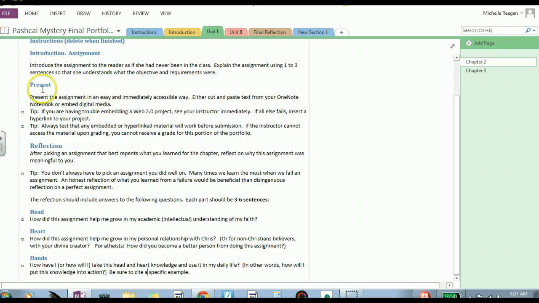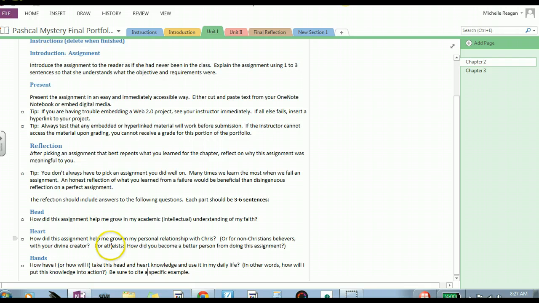So you introduce your assignment, present it, then you reflect upon it. After picking your assignment, you reflect on why it was so meaningful to you. Your reflection should answer each of these parts, and each part should be 3 to 6 sentences. How did this assignment help you grow intellectually? How did the assignment help you grow in your personal relationship with Christ?